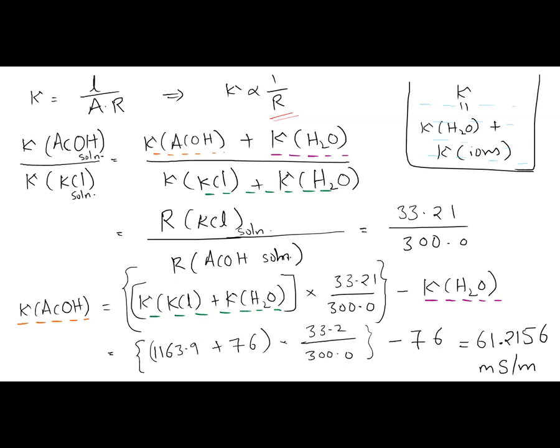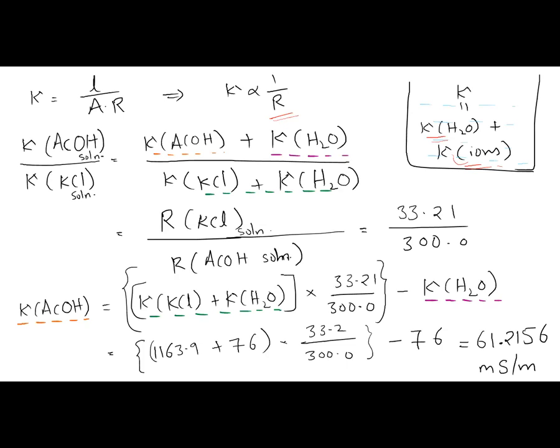Imagine if you have a solution of some ions, it could be K plus, Cl minus or acetate ions. The total measured conductivity is a contribution both from the water and the ions, right? So I can take the ratio of the conductivity of acetic acid to the conductivity of KCl solutions, and I can rewrite this as the contribution from both acetic acid and water, and the contribution from both water and the KCl solution.